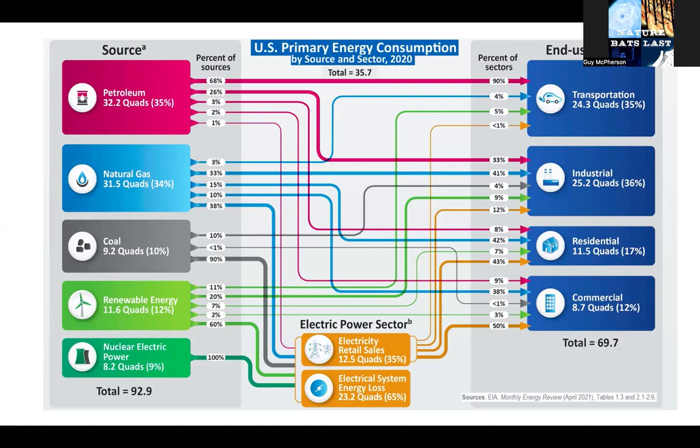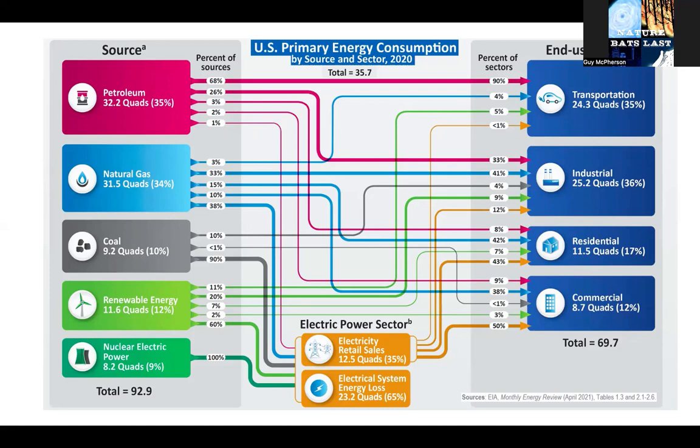I don't think most people are familiar with that. And I'm a little surprised at some of the things that are separated out into here. Transportation, I understand that. Industrial, that can mean any number of things. Residential, of course, I think that's pretty straightforward. But what is commercial? I'm trying to figure out what's the difference between industrial and commercial.